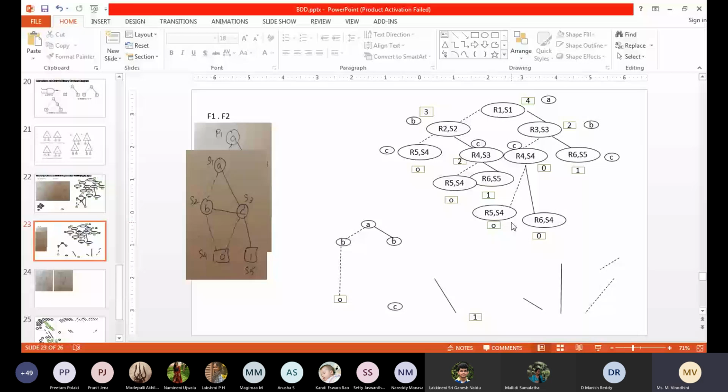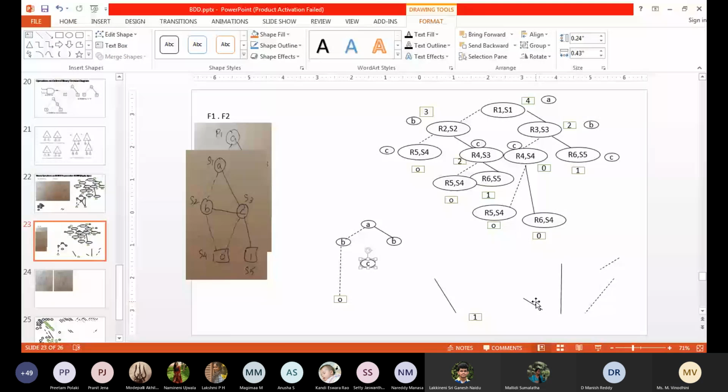And here this is 2, 0, 1. So I should have this. The C will be here. 1. For this C, when it is 0, it is going to 0.